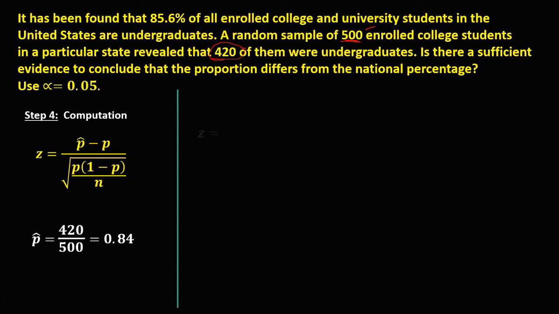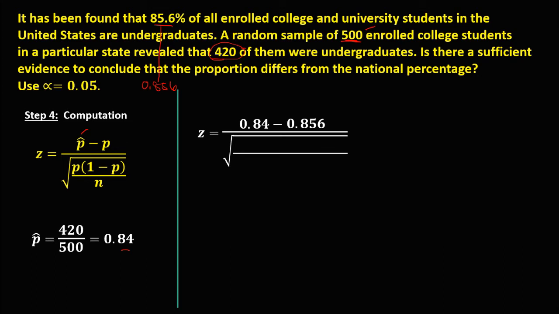Then to solve now for z, we have the sample proportion, that's 0.84, minus the population proportion, 0.856, over the square root of the population proportion, 0.856, times 1 minus 0.856, over the sample size n, that's 500.